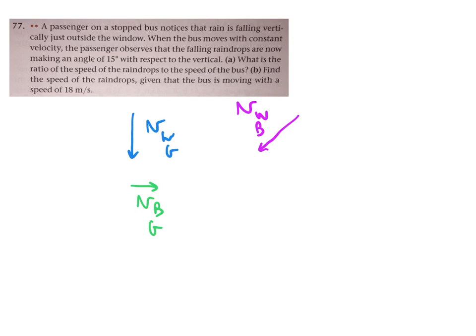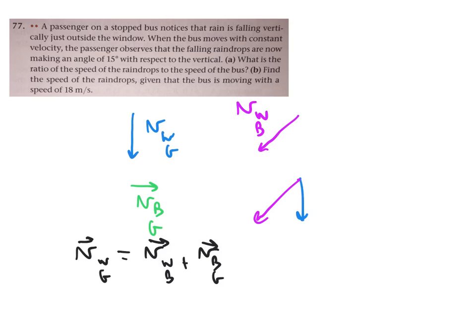Now we can apply the relative motion formula, which tells us that the velocity of the water relative to the ground is equal to the velocity of the water relative to the bus, plus the velocity of the bus relative to the ground. So we can take our vectors and say, well, the downward one has to be the same as this one plus that one.